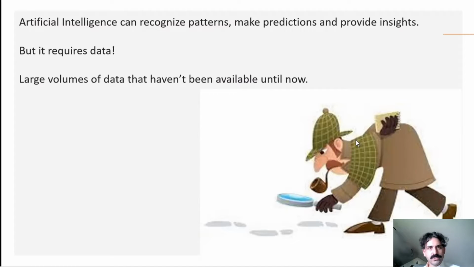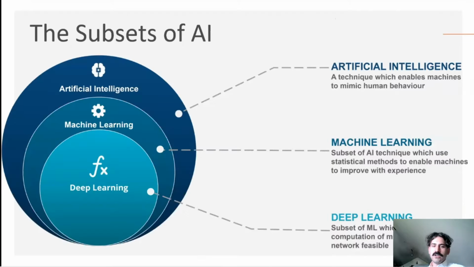But anyway, let's talk about some of the subsets of artificial intelligence, because it's a bit broad. The main part that people actually think is the entirety of artificial intelligence is machine learning. It's an artificial intelligence technique that uses statistical methods to enable machines to improve with experience.